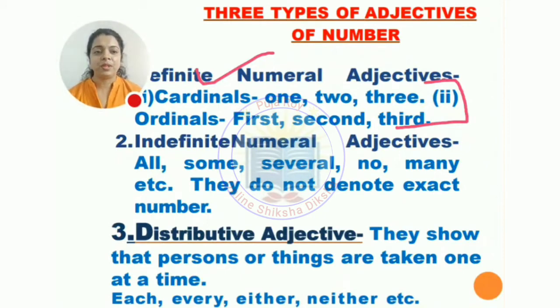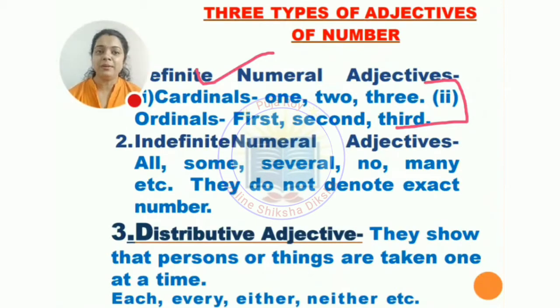A number of times I have seen the types of adjective where distributive adjective is taken as a different part, means instead of 6, it is 7 or 8. But I take it as definite numeral adjective separate, indefinite numeral adjective separate, and distributive adjective. All the 3 are part of adjective of number. So here also you have 3 types of adjective of number.